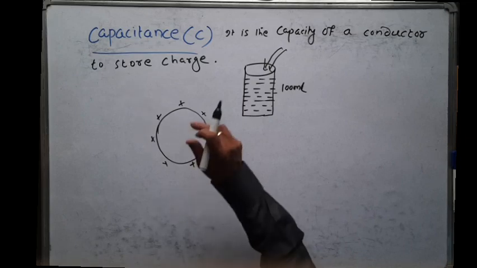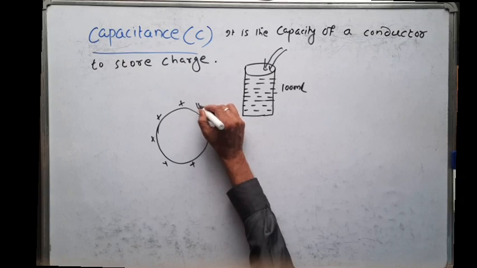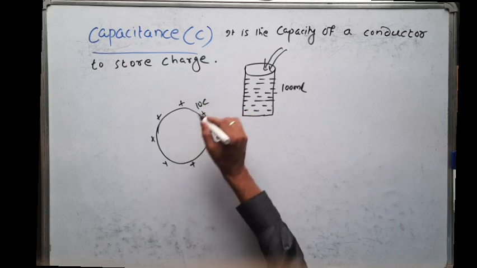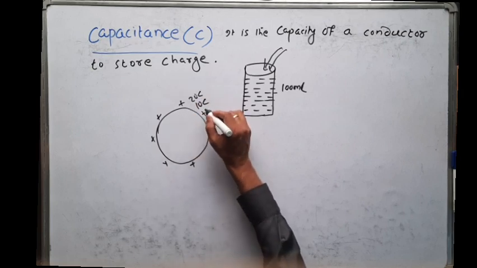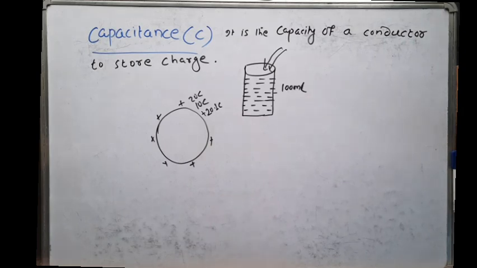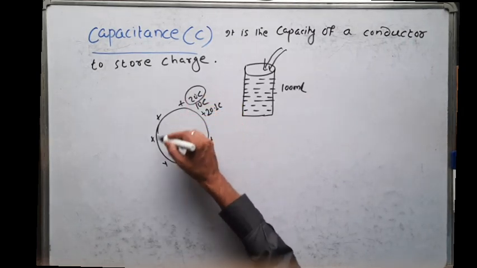Suppose you are giving 10 coulomb charge. It can store it. Now you give 20 coulomb charge, it will also store it. But if you give 20.1 coulomb charge, we will see it will never store it. Its maximum capacity is 20 coulomb charge for this particular conductor.